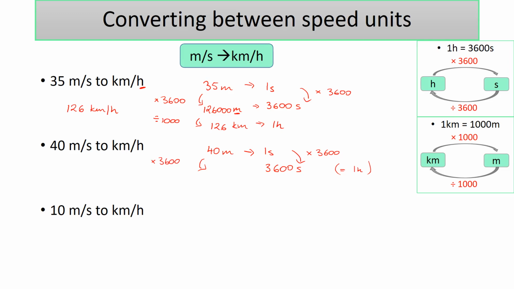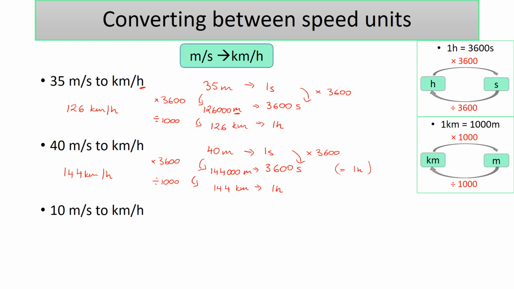That's going to give me 144,000 meters. Now I want to convert meters to kilometers, which means I need to divide by 1,000. So that's 144 kilometers. And remember that 3,600 seconds is the same as 1 hour. So the answer is 144 kilometers per hour.